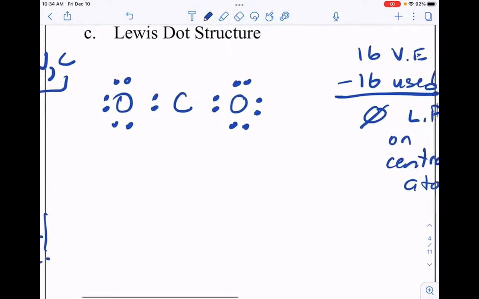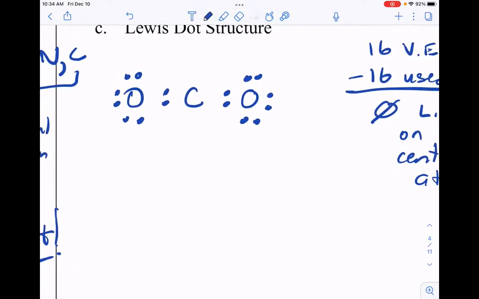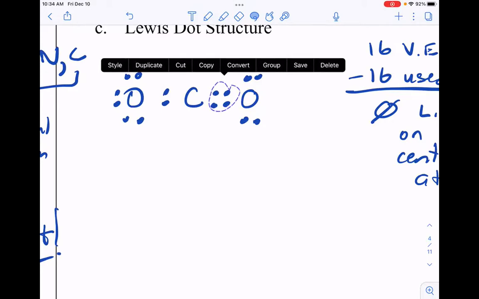The only way that you can form double bonds and triple bonds is to take a lone pair from a surrounding atom and transfer it between the 2 atoms.